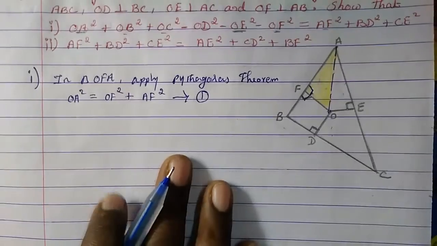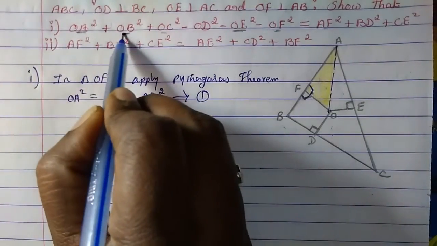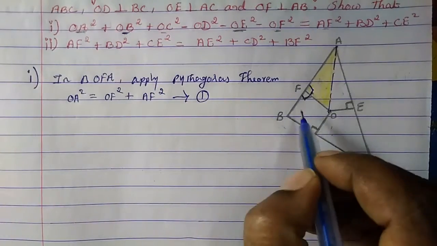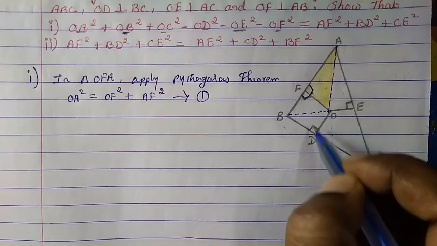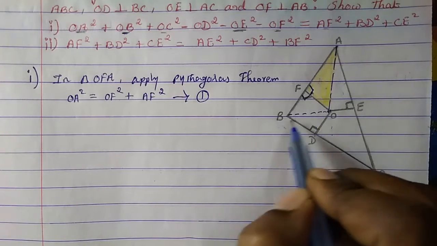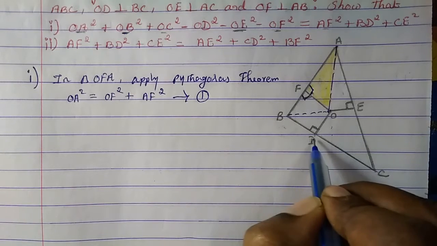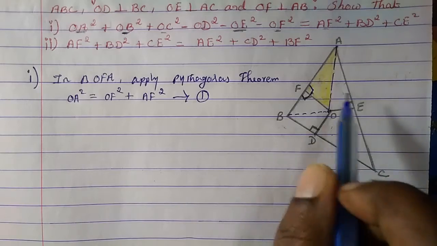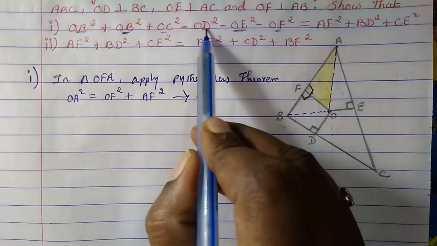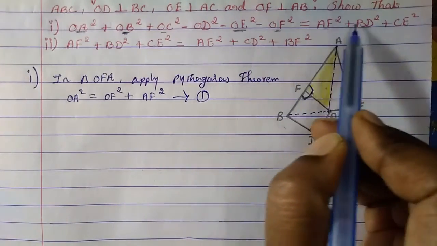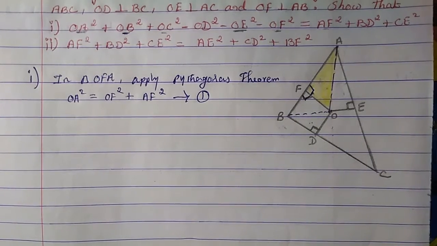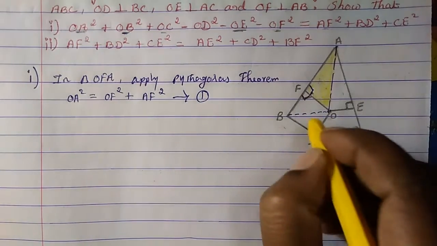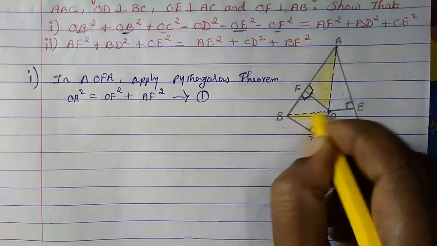Same way we have to do now with OB. So where is OB square? Here. Now between these two, which triangle to take? OB square will be equal to, if we are taking this triangle, BD and OD. So check whether BD and OD are there or not. OD is there, BD also is there. So better to take this triangle. I just highlight it so that we don't get confused.